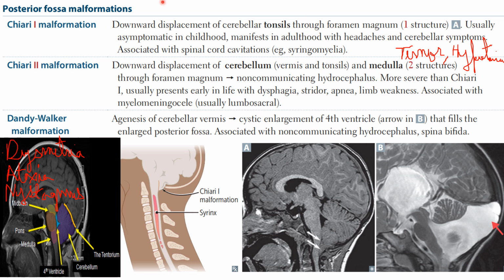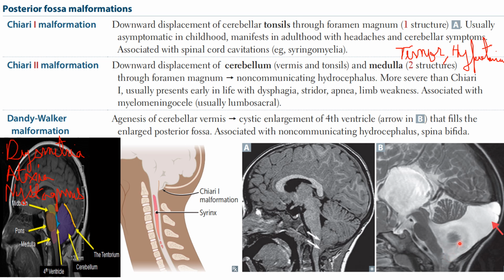Chiari II malformation. So there is going to be a downward displacement of cerebellum, which includes vermis and tonsils. So here we can see in the other picture. Here we have the cerebellum, and here we have the tonsils, and the vermis is going to be here.